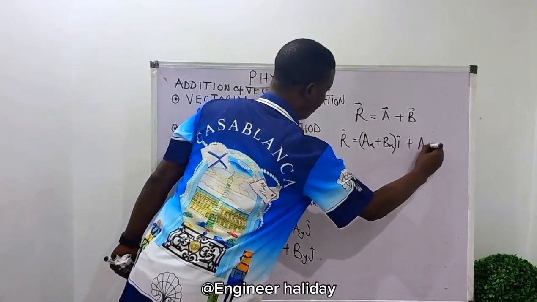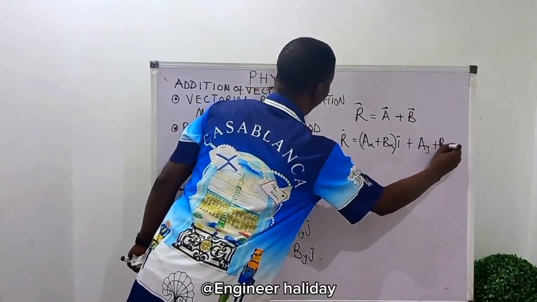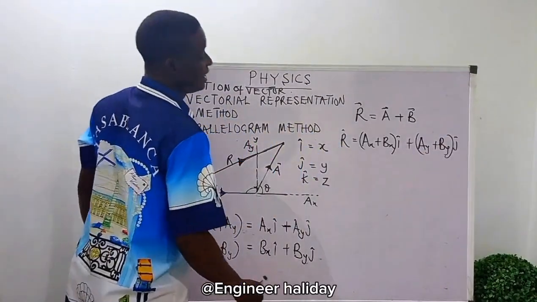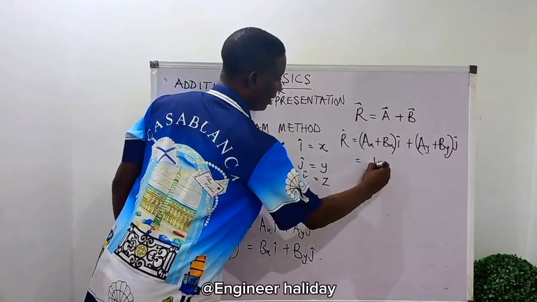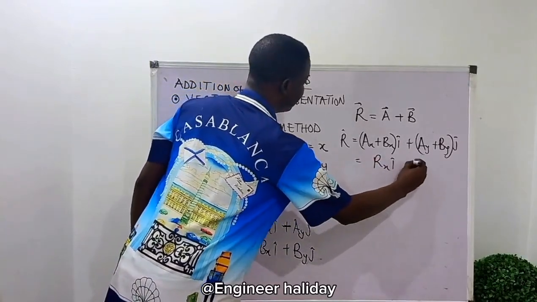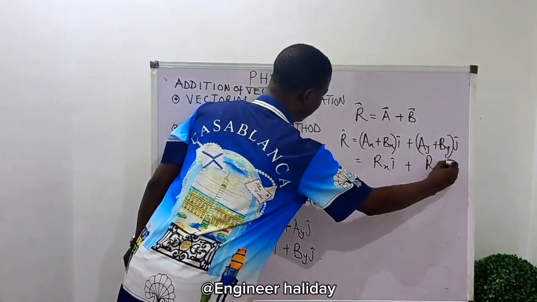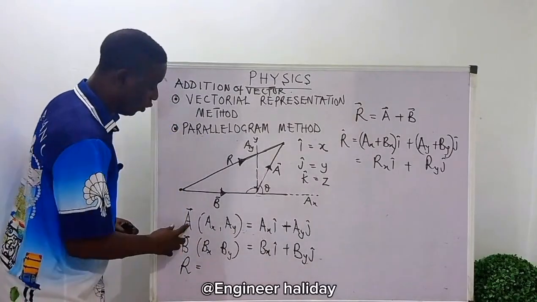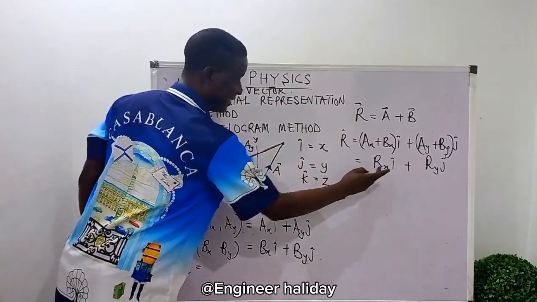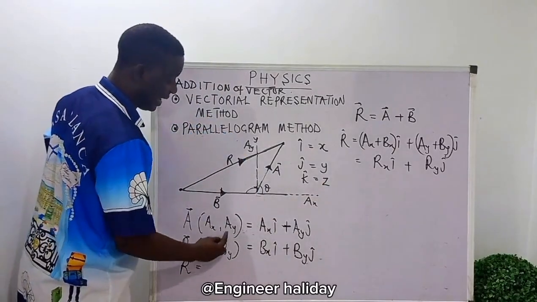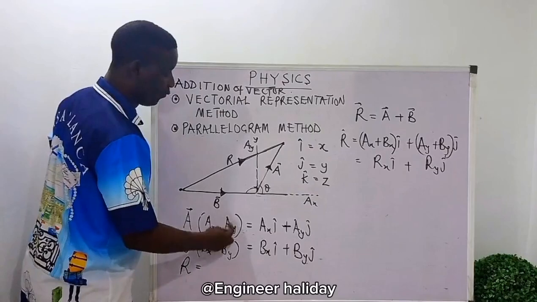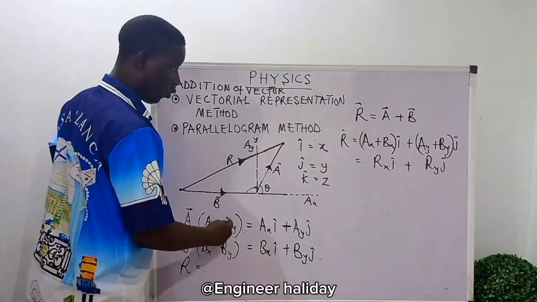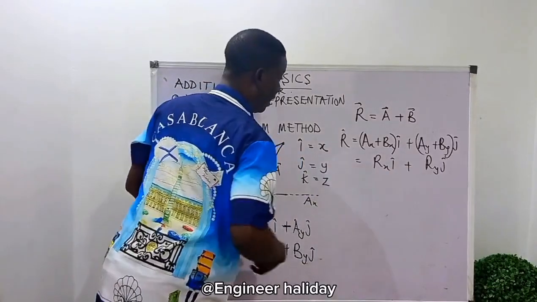We are going to have (Ay plus By) j. So in this case this one becomes Rx i, while this one is Ry j. That means the resultant component of the two vectors along the x-axis, while the resultant component of these two vectors along the y-axis is Ry.